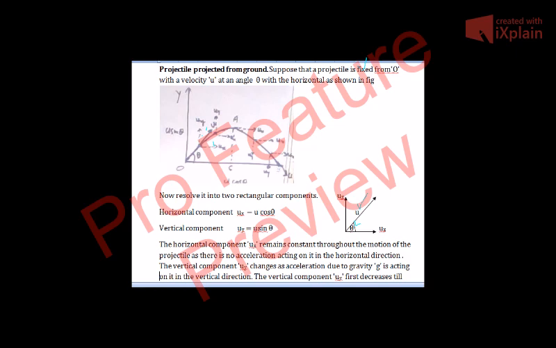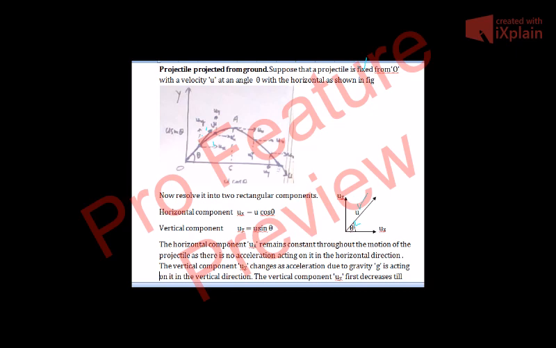The horizontal component ux remains constant throughout the motion of the projectile, as there is no acceleration acting on it. We cannot increase it, because if we want to increase this horizontal component, we have to apply a force.